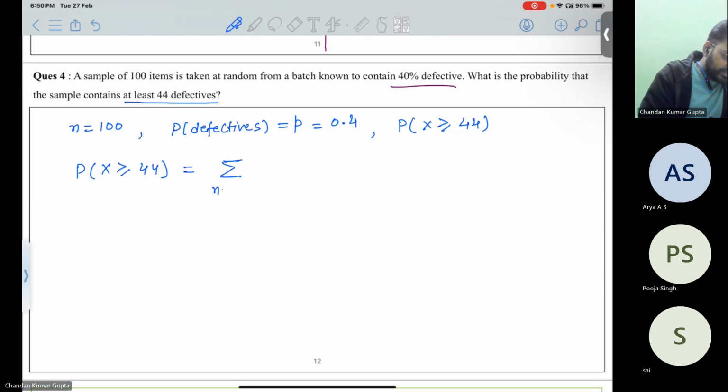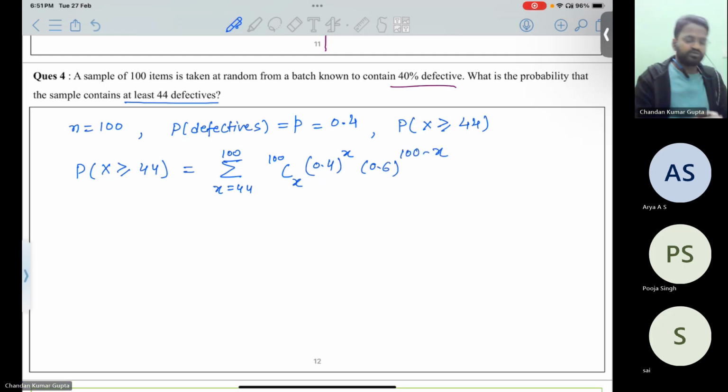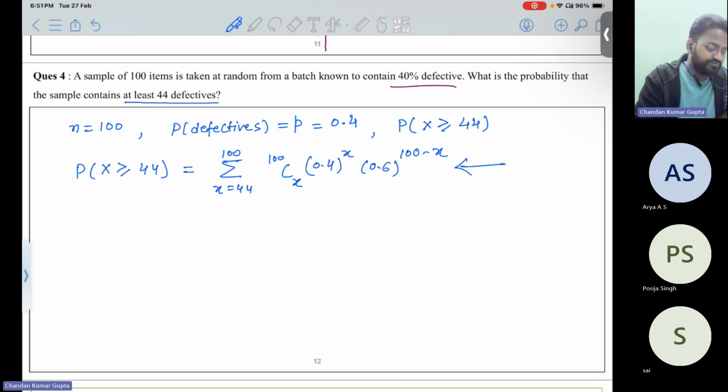So the sum over x from 44 to 100 of 100 Cx, 0.4 to the power x, and 0.6 to the power 100 minus x. We need to evaluate the probability of this, which is obviously quite a tedious task.